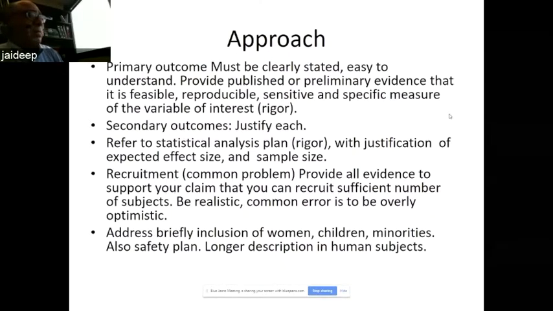Statistical analysis plan is often in a separate application. However, make sure that in the primary application as a clinician, you justify the expected effect size and sample size.